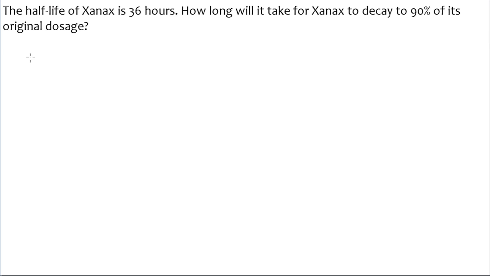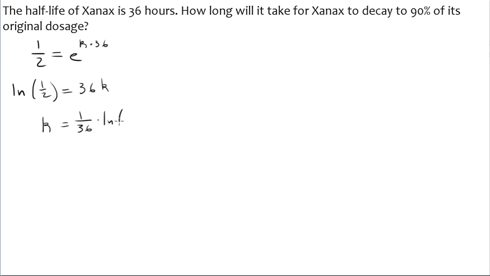So that means 1/2 of the amount is e to the k times 36. The natural log of 1/2 is equal to 36k. That means that k is 1/36 of the natural log of 1/2, or the natural log of 1/2 divided by 36.